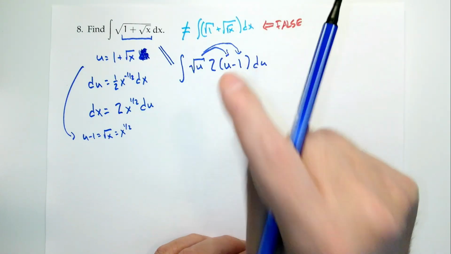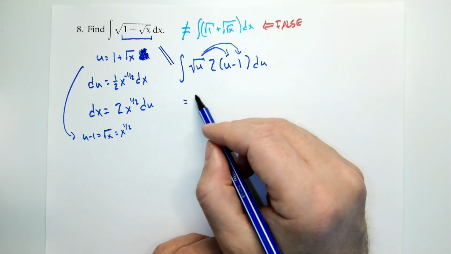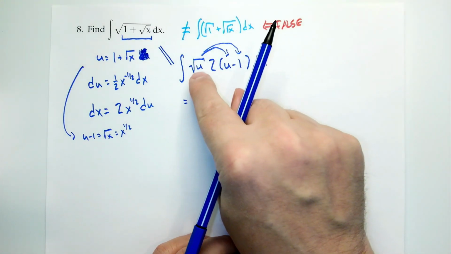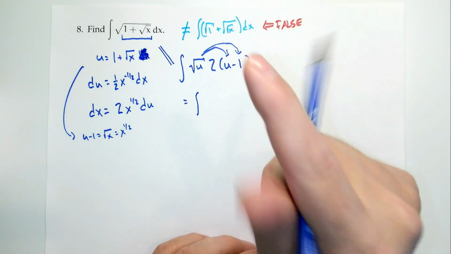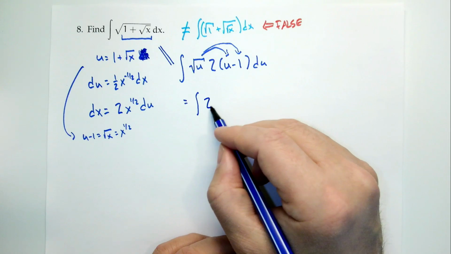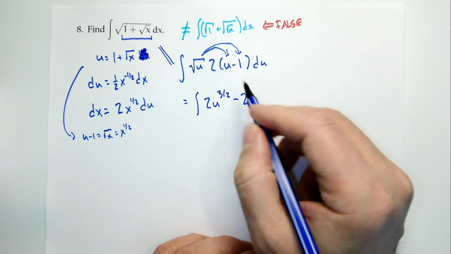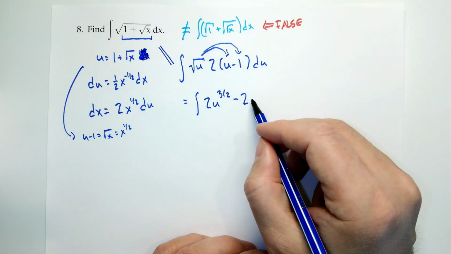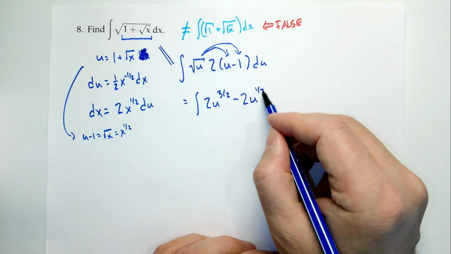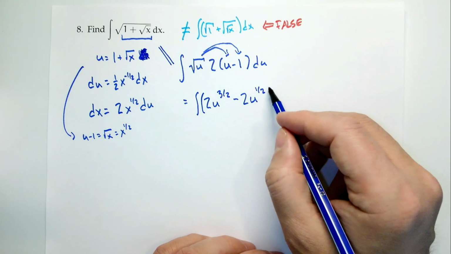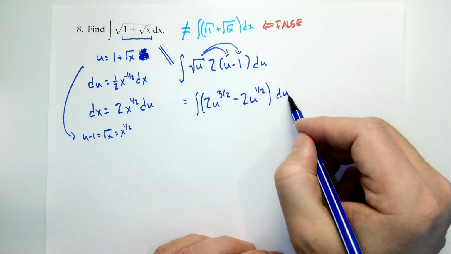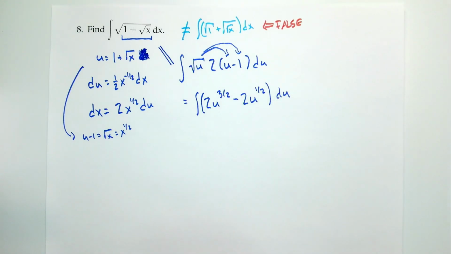So now we can pull it apart. So this is the integral. If I take square root of u times u to the 1/2, that would become u to the 3/2. And then square root of u times 1 is square root of u. But when we're doing calculus, we oftentimes replace square root of u by u to the 1/2. And now we're like, perfect, perfect.